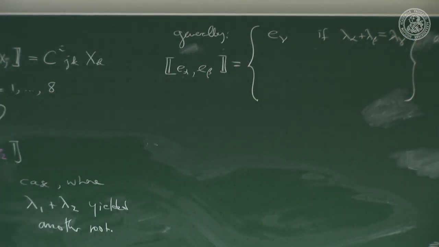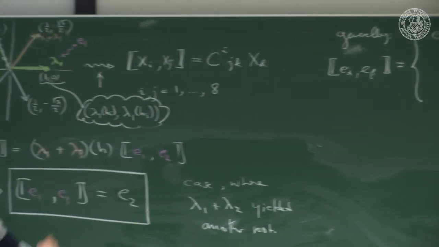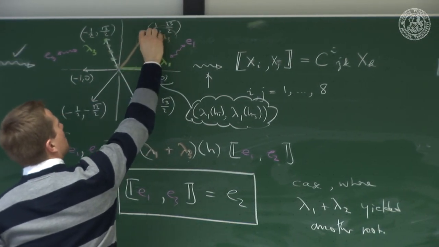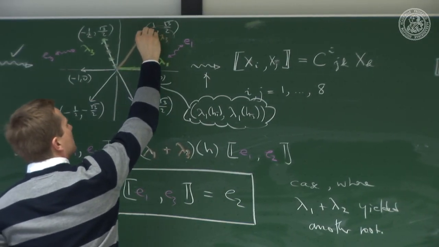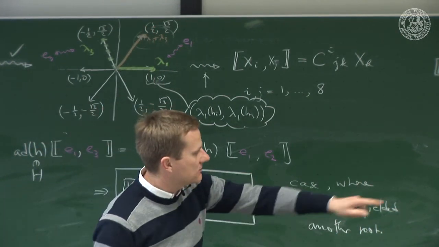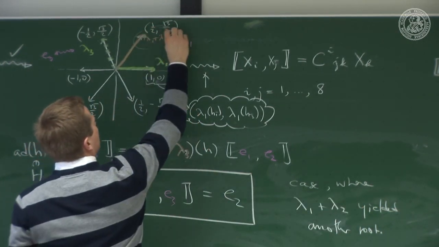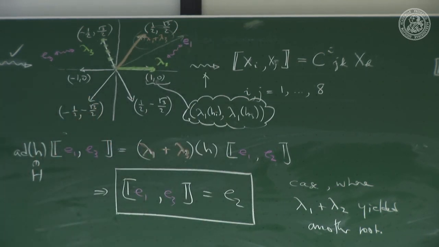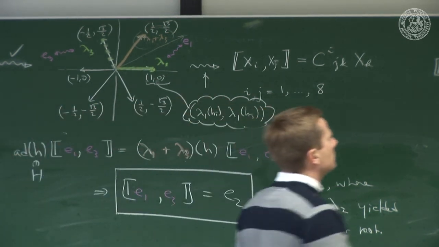But what if they hadn't added up to something that already exists? So take, for instance, this lambda 1 and this lambda 2 here. Well, their sum, so I refer again to this rule, their sum would lie here, but this is not a root. So in this case, where this is not a root, the result is 0.